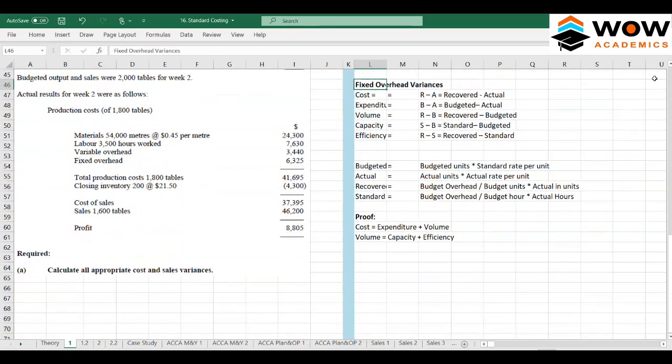And the final one is fixed overhead variance. So we have to find out cost, expenditure, volume, capacity, and efficiency.